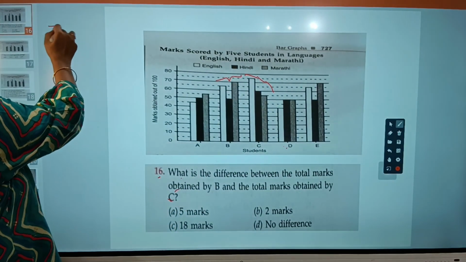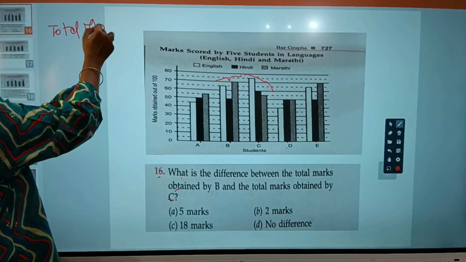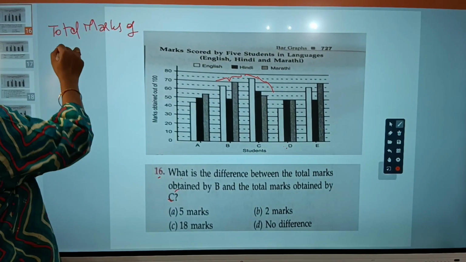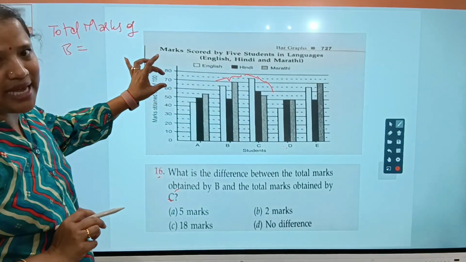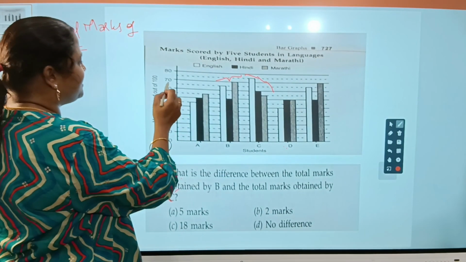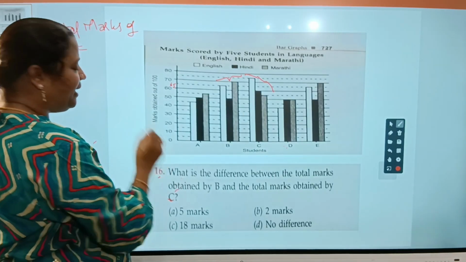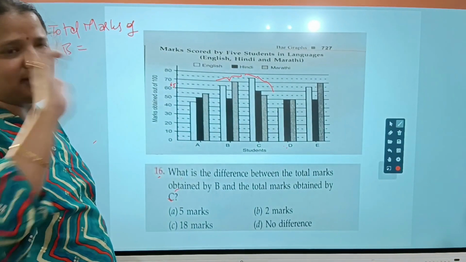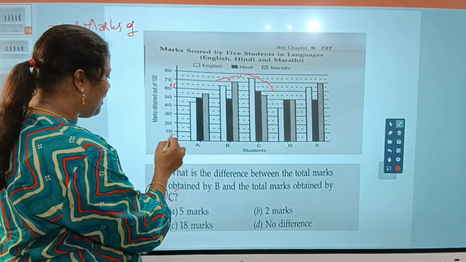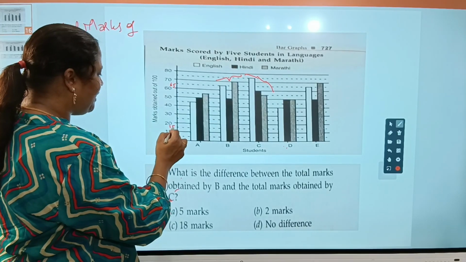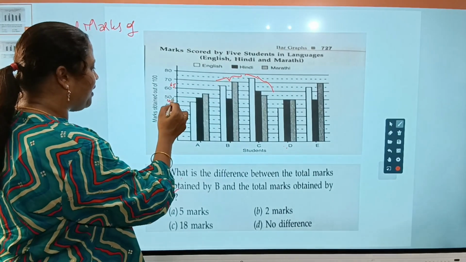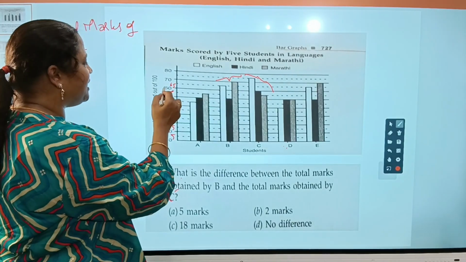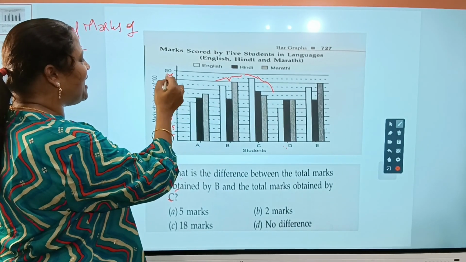Now we will find total marks of B. The graph is a 10 scale. Here it is 60, 65, 70. It is rising by 5 units like in the second graph. 0, 5, 10, 15, 20, 25, 30, 35, 40, 45, 50, 55, 60, 65, 70, 75 and 80.